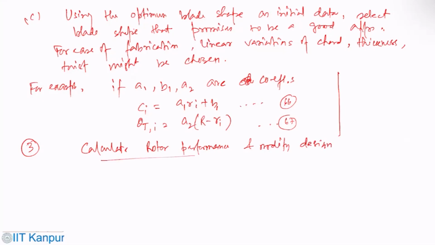So here, what one has to do is use the method that we have already talked about, either method one or method two, then calculate the performance, and then accordingly you can modify the design of the blade.